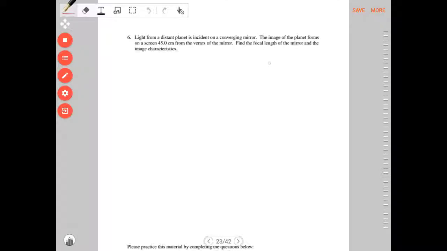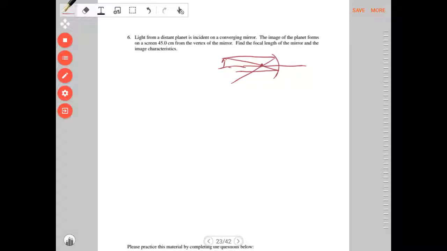Okay, so we have a converging mirror. And it's a planet, so the planet's way out here, really, really far away. Anyway, don't worry too much about that. So just put it out there somewhere. Focal length is going to be here.